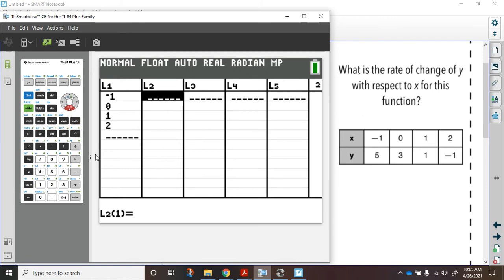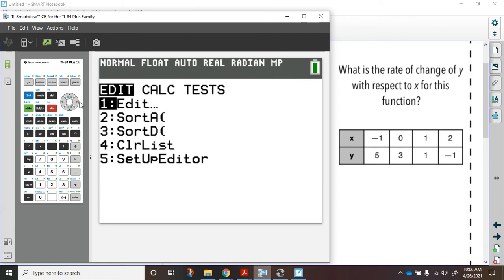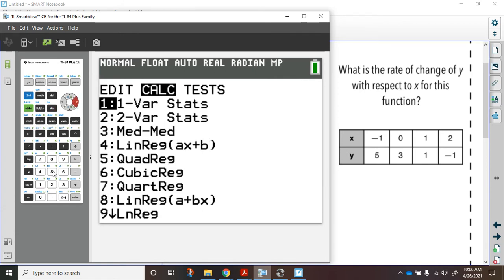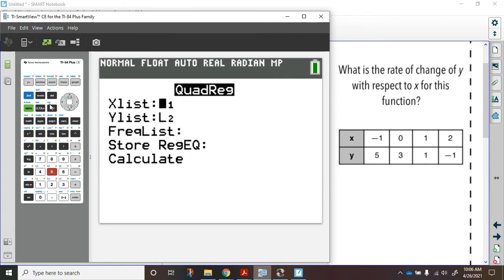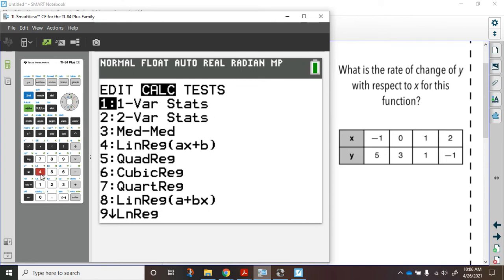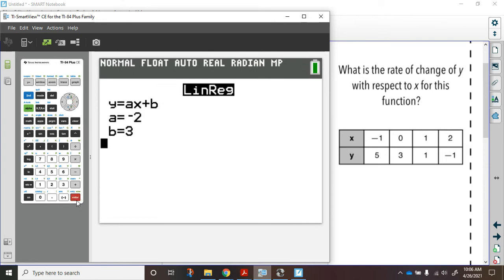And then my y's, we have 5, 3, 1, and -1. Stat calc 4. Enter 5 times. So for this one, our slope is -2.